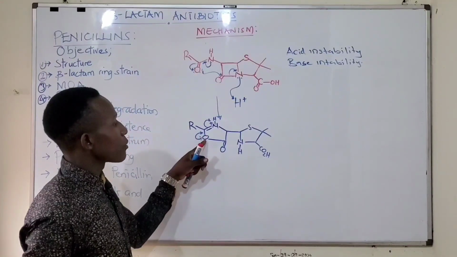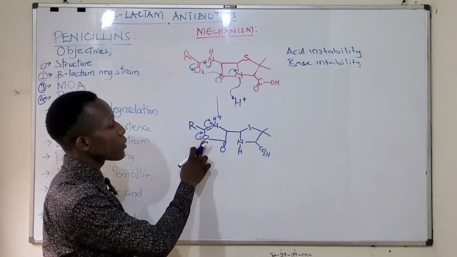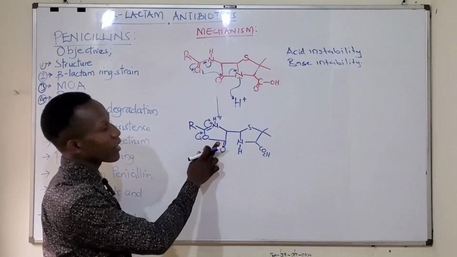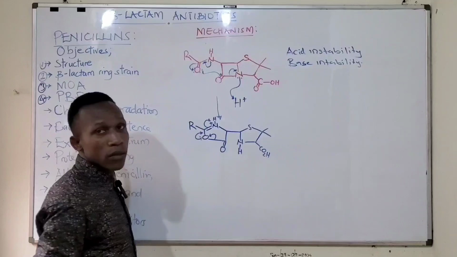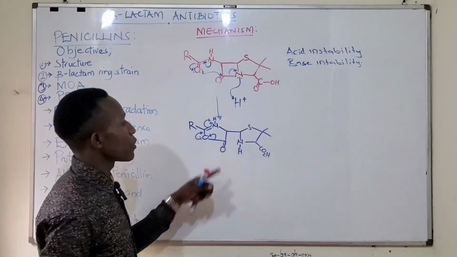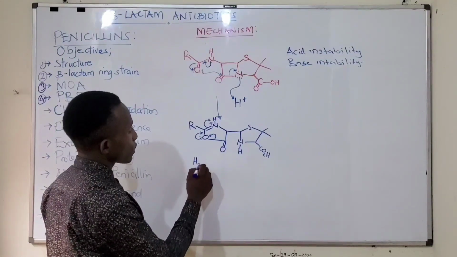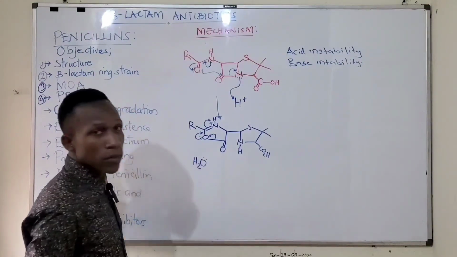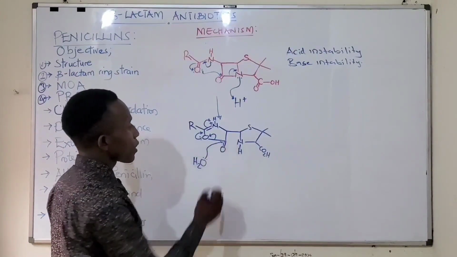When it forms back the bonds, it will also be unstable. It will break this bond again. When it breaks this bond to take the bond electrons, this one is unstable. So we shall have water. This water will now stabilize this carbon.